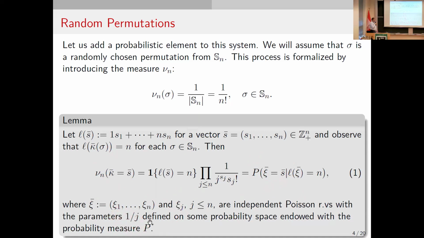So from this, we can draw a conclusion that the jth coordinate of the random structural vector is asymptotically distributed as a Poisson random variable as n goes to infinity.